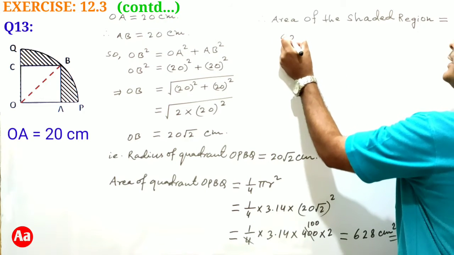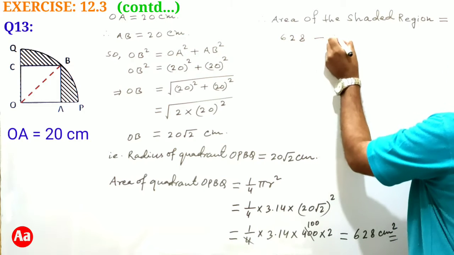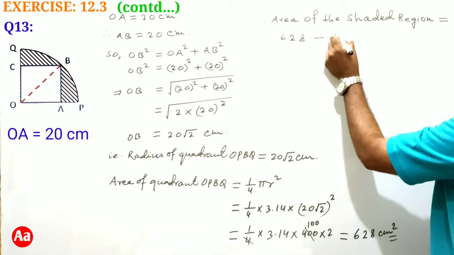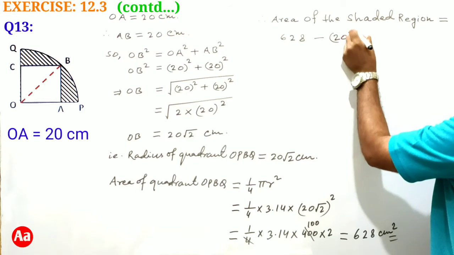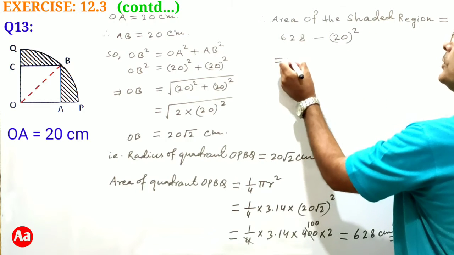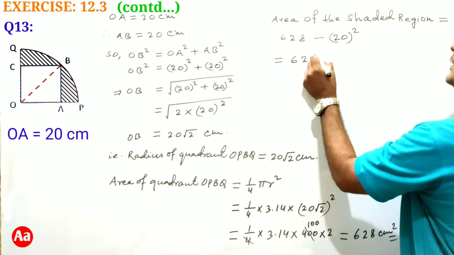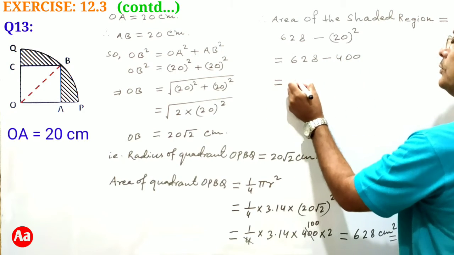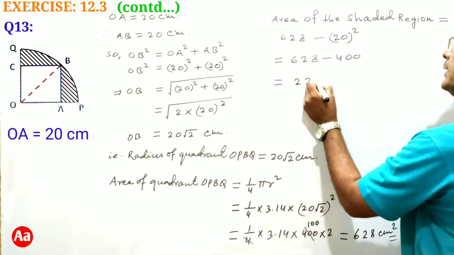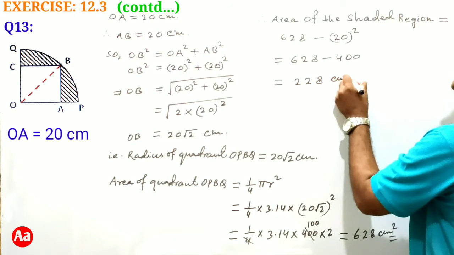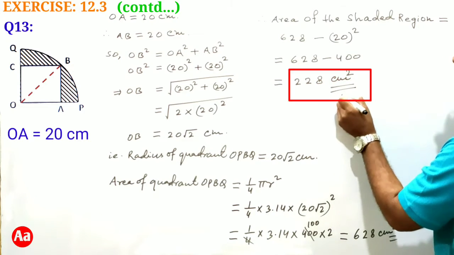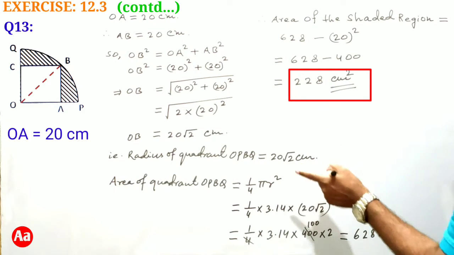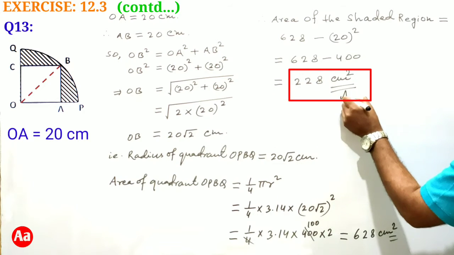So 628 minus area of square 20 square. So this is 628 minus 400 equal to 228 centimeter square. This is the area of the shaded region.